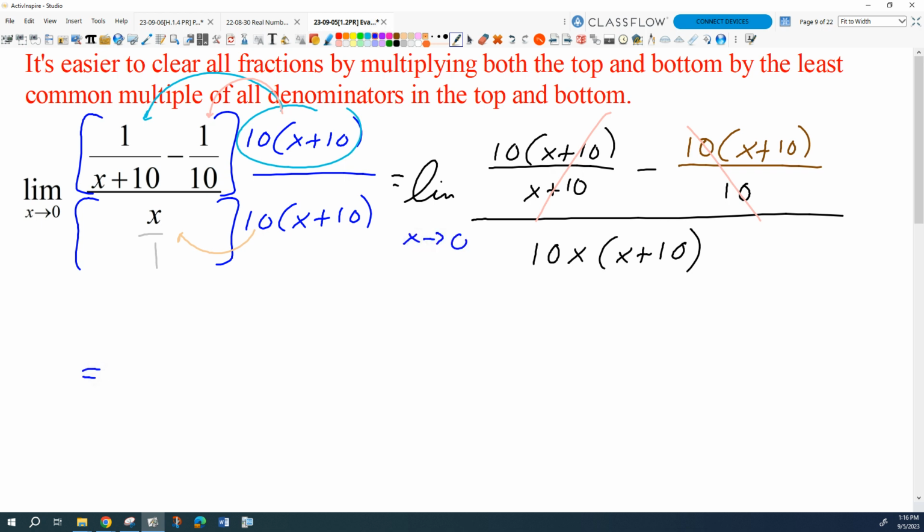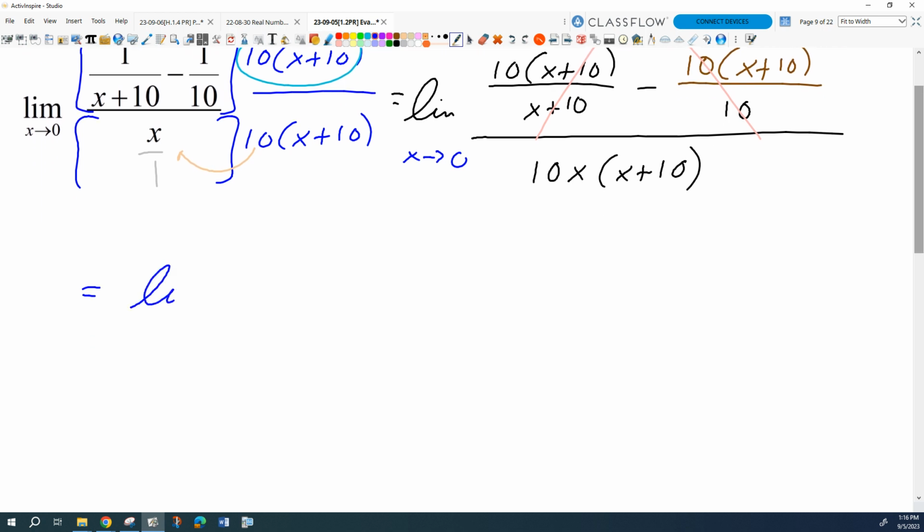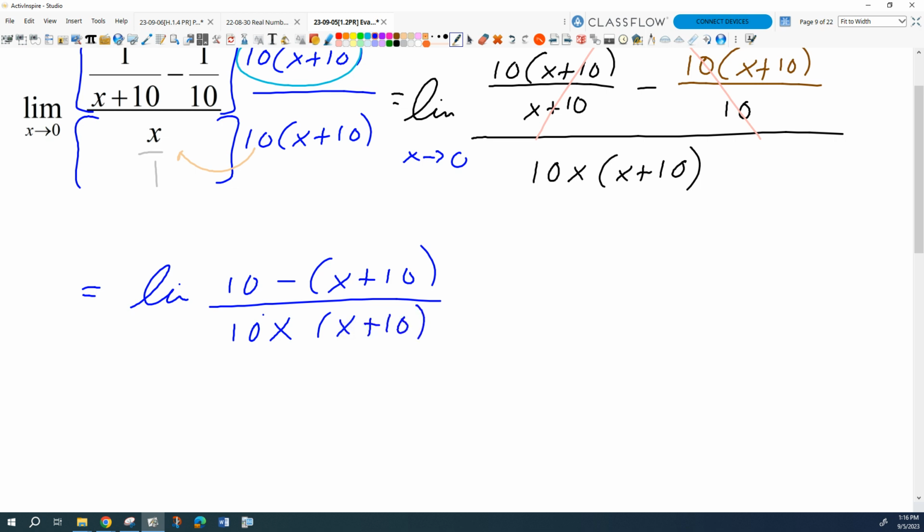So we end up with the limit of 10 minus the quantity x plus 10 over 10x times x plus 10. And that looks pretty familiar, doesn't it?